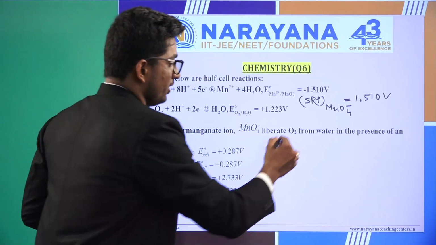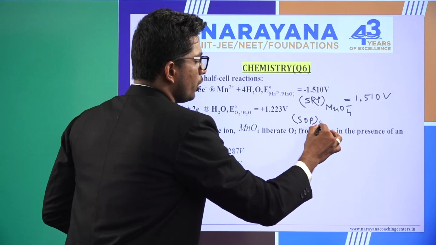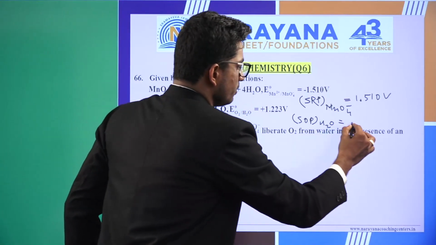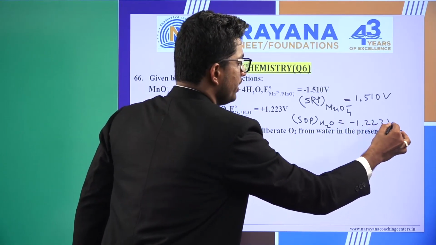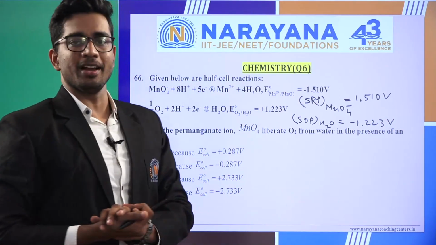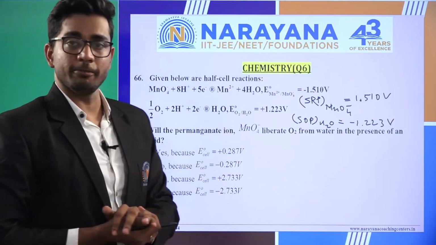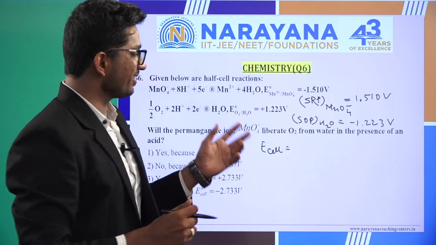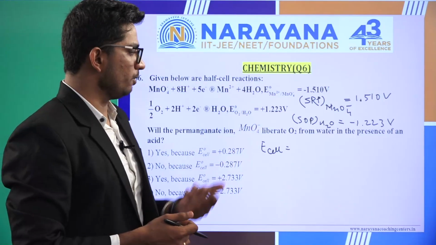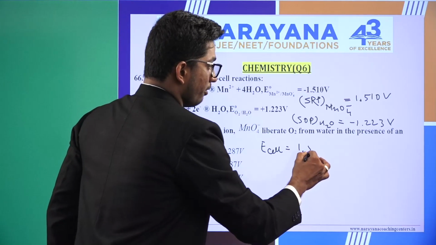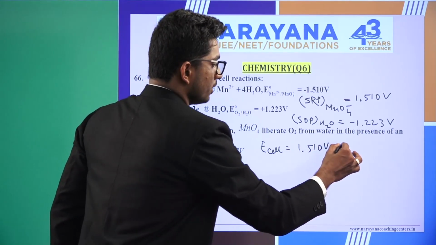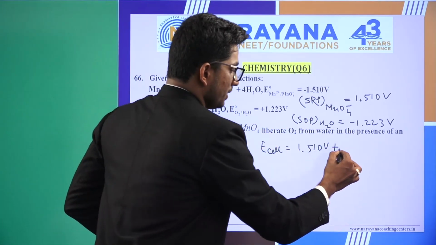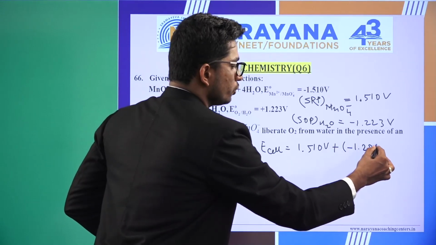The oxidation potential, that is SOP of water, will again be the negative of this, that is minus 1.223 volt. So SRP and SOP are given, and to get the EMF of the cell, we'll write E cell, that is going to be SRP of the permanganate ion and SOP of water, so it will be 1.510 volt minus SRP plus SOP, so I am writing this as plus minus 1.223 volt.